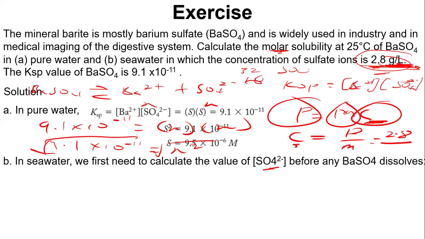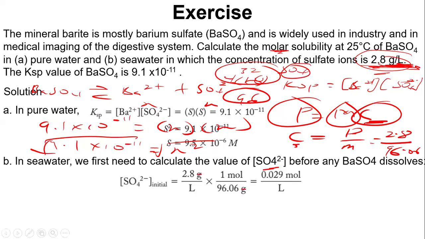If you look at SO4, there are 4 atoms of oxygen. So we would have 4 multiplying 16 plus 32, and that should give me 96. So if you do the calculation, you get 96. But appropriately, it's 96.06. But you can use the 96 for your calculation, right? So 96.06, and that should give me my concentration, right?